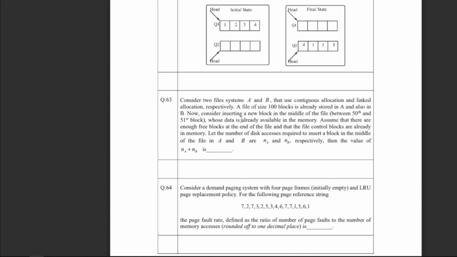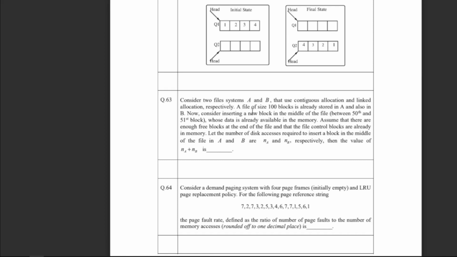For 63, consider two file systems A and B that use contiguous allocation and linked allocation respectively. A file of size 100 blocks is already stored in A and also in B. Now consider inserting a new block in the middle of the file, between the 50th and 51st block, whose data is already available in memory.